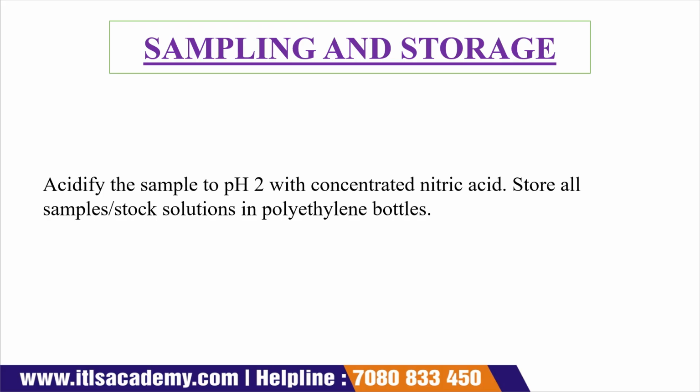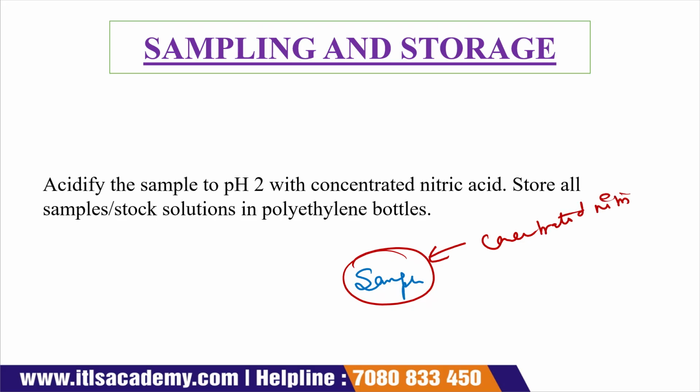Now what we have to do, we have a sample. When we have a sample, we acidify it with the help of concentrated nitric acid. Suppose that when we take a sample and measure its pH, it will be around 7.2.